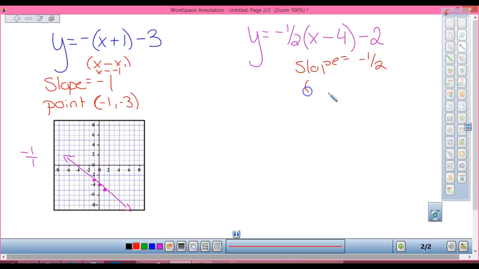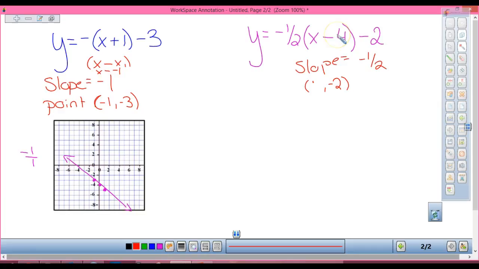Sam, what's my point? Ooh, that's my slope. Remember, my point is my x1 and my y1. Alright, so you're right with the -2.